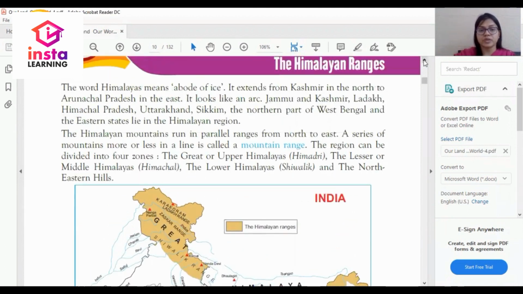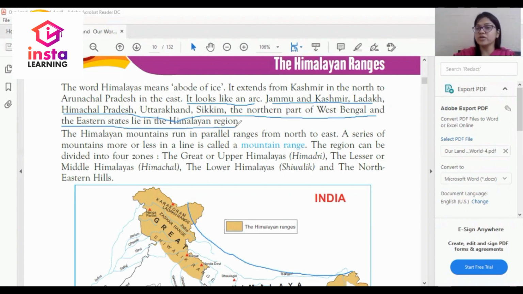It looks like an arc. Jammu and Kashmir, Ladakh, Himachal Pradesh, Uttarakhand, Sikkim, the northern part of West Bengal and the eastern states lie in the Himalayan region.